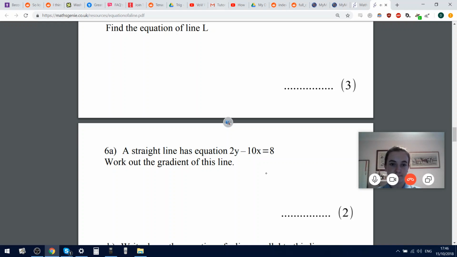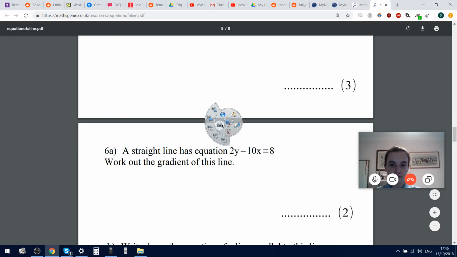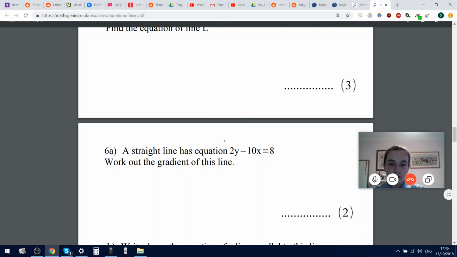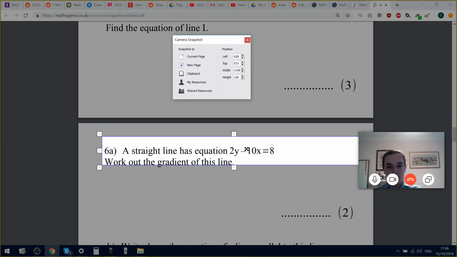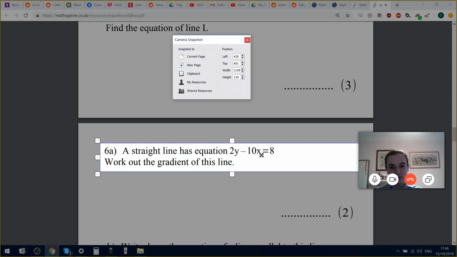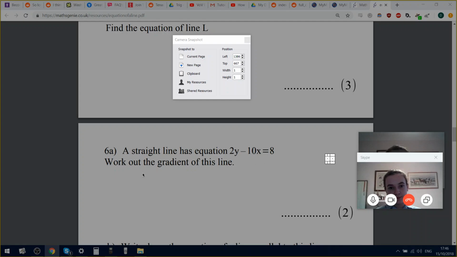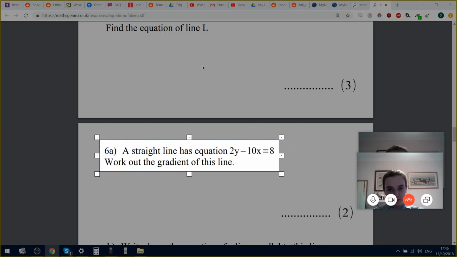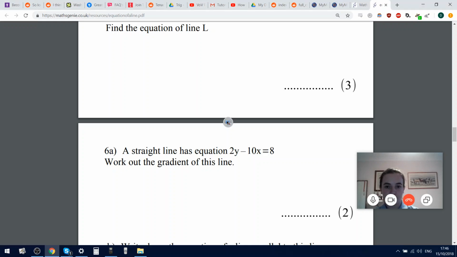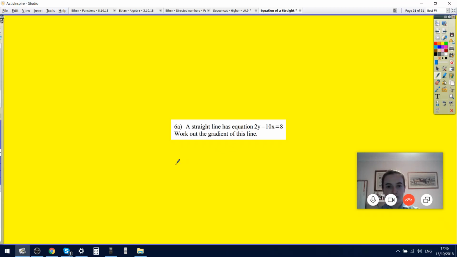How would you do 6a? 2y equals 8 plus 10x. And then y equals 4 plus 5x. So gradient? 5.